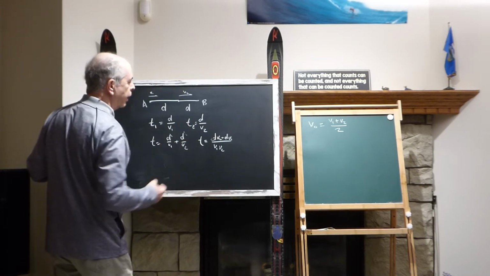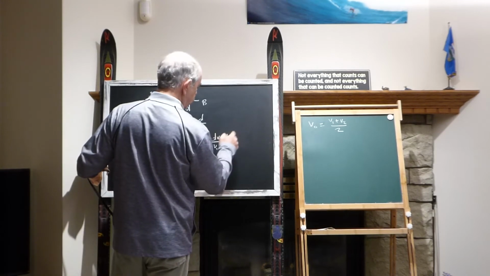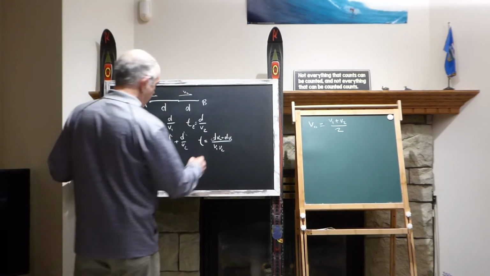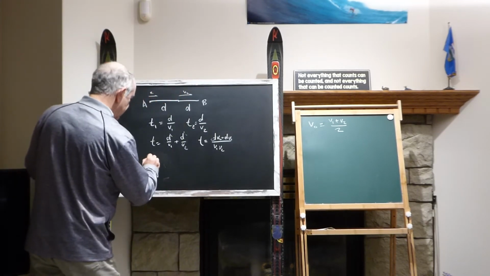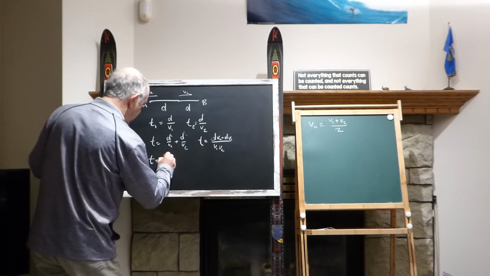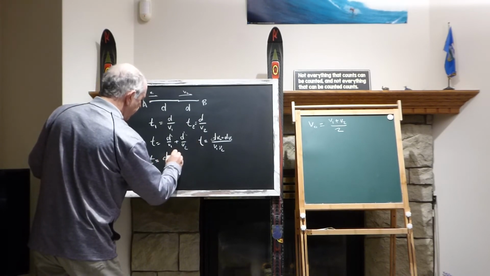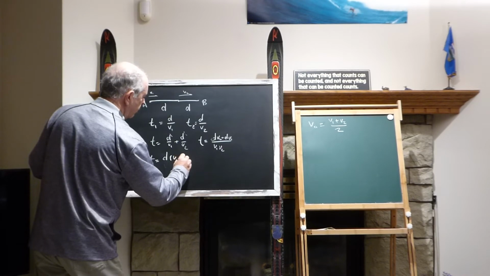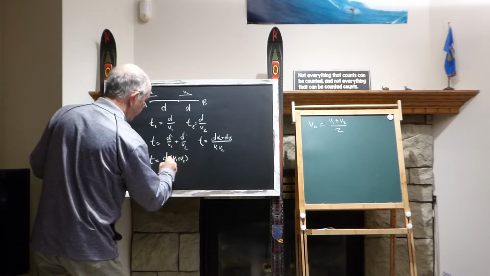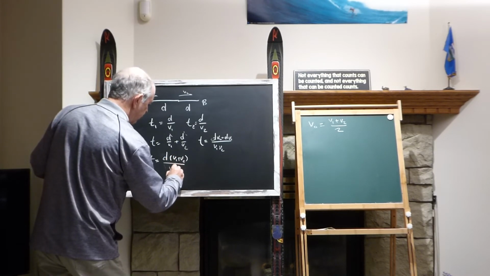So d v2 plus d v1. And of course we can factor d out, and we will have v1 plus v2 divided by v1 v2.